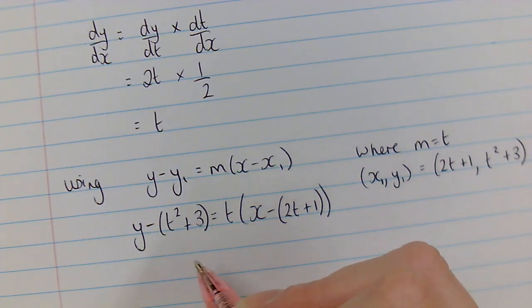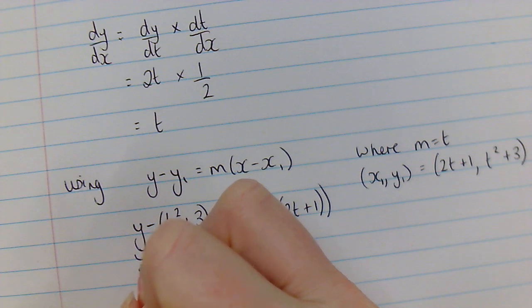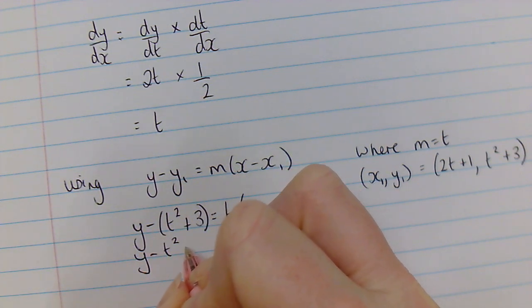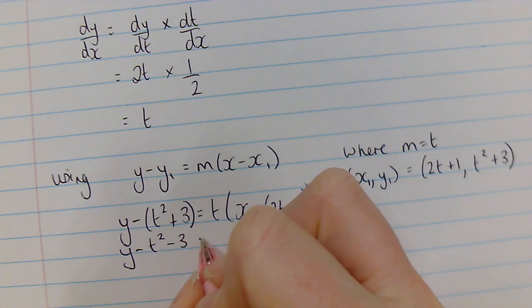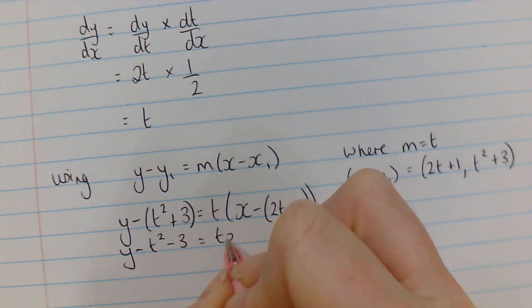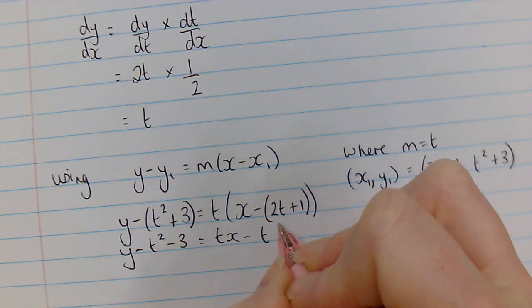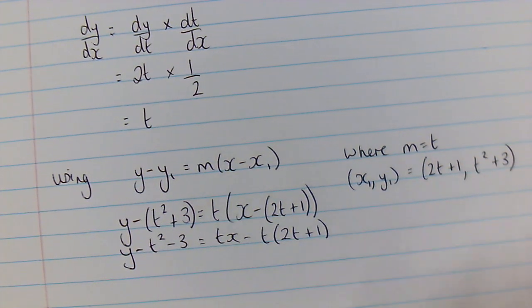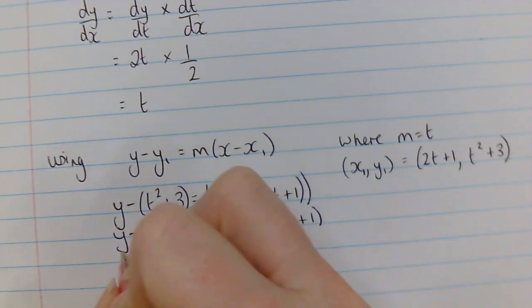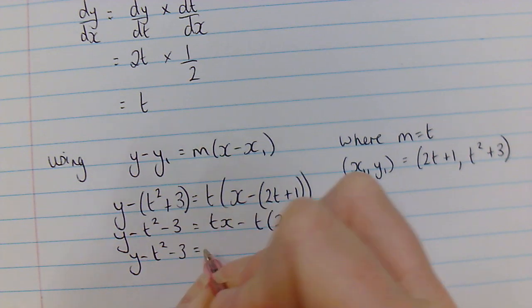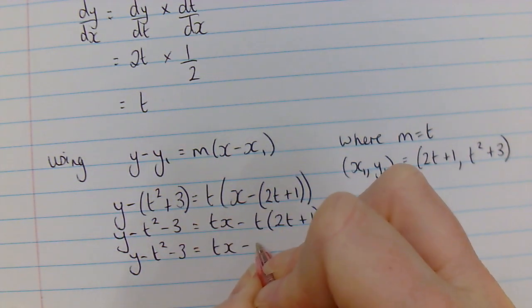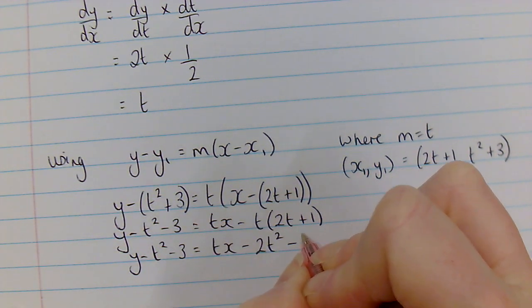So if we simplify both sides, we've got y minus t squared minus 3, and then tx minus t times 2t plus 1. So that's going to give us y minus t squared minus 3 equals tx minus 2t squared minus t.